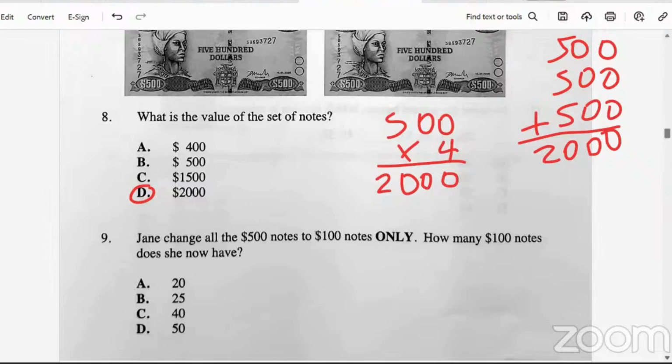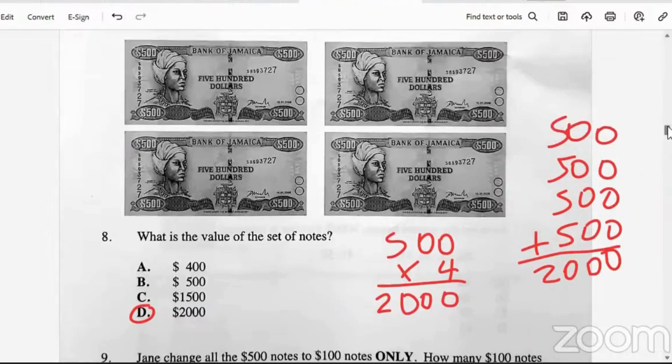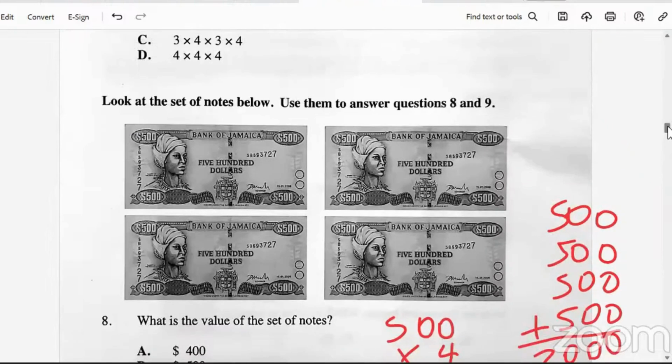So let's go back to the table. All right, so for this first 500, I'm going to put the number on it. She would have 5 $100 notes, okay? Let me just put 5 times 100. All right, and then for this one, it's also 5 $100 notes. This one is also 5 $100 notes.